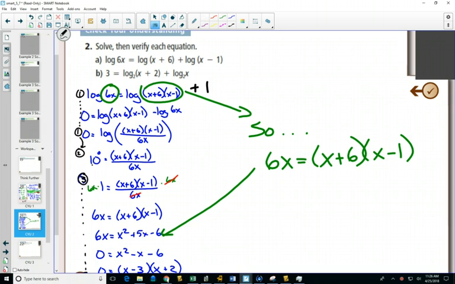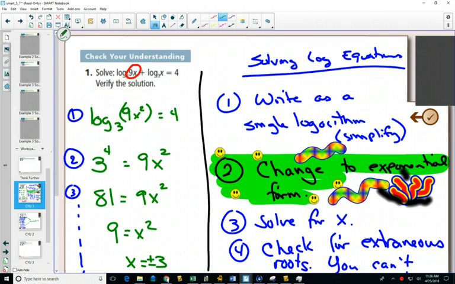If I have the same bases, a power on this side of base 5, a power on this side, the exponents have to be the same. We used that strategy earlier in the unit when we were solving exponential equations. So it does happen in log equations too. But if you like to always use the steps and get really good at the steps, you can use that as well. It will always work.